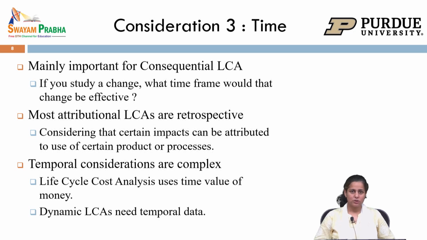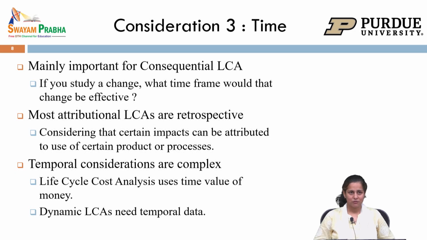Most of the attributional LCAs that are done are mostly retrospective, considering that certain impacts can be attributed to the use of certain products or processes without actually considering the temporal aspect of that impact. However, temporal considerations are complex and they are very rarely studied.